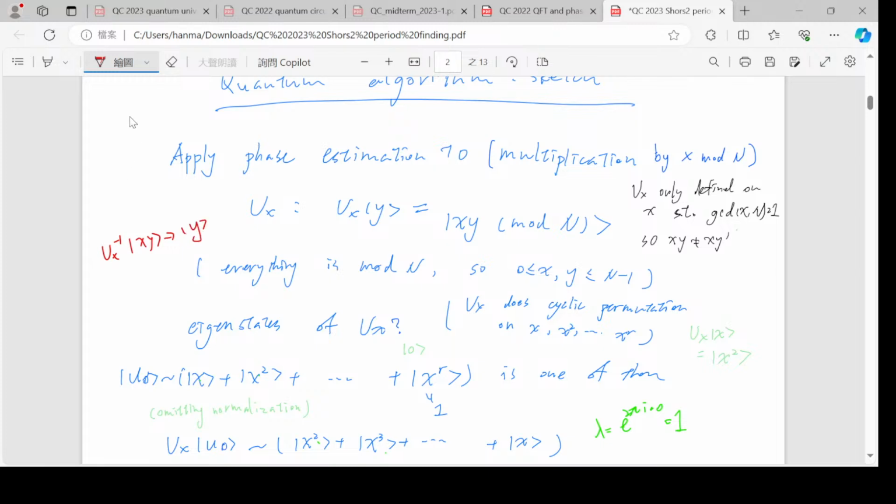And more importantly, U_x inverse will put 1 to x minus 1, which is equal to x to the r minus 1. So if you find x to the r minus 1, also I guess this still doesn't tell you.